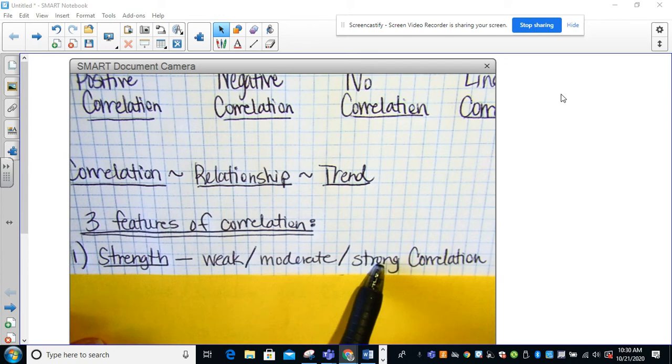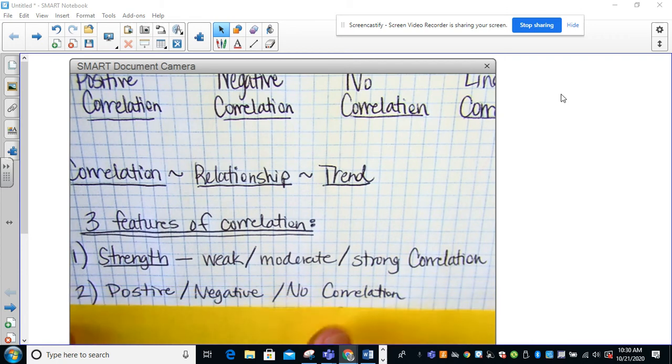Weak, moderate, or strong. I don't love this because this is usually a judgment call. Okay? Second, it's either a positive, negative, or no correlation. That's what we talked about up here. Positive, negative, or no correlation. Uphill, downhill, or nothing at all, spread out all over the place.